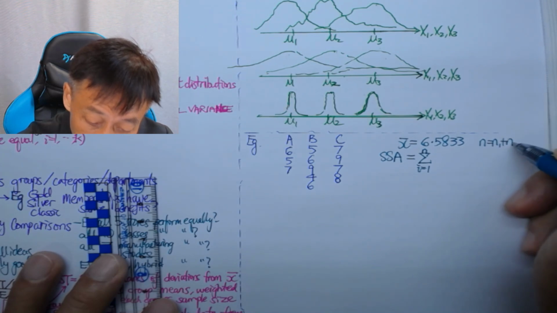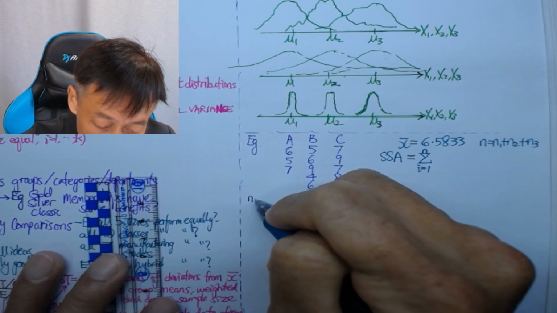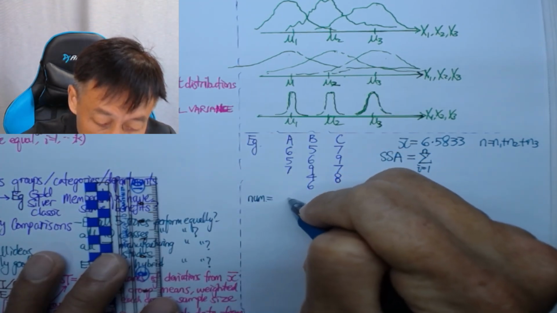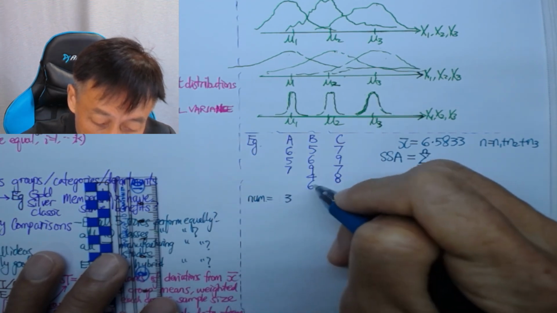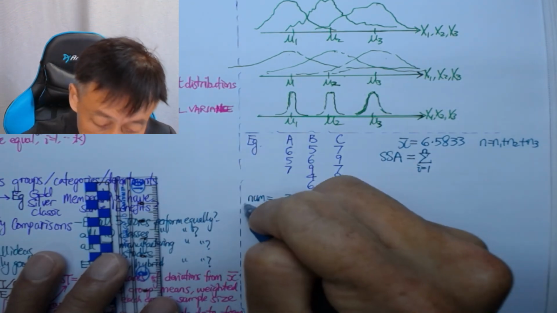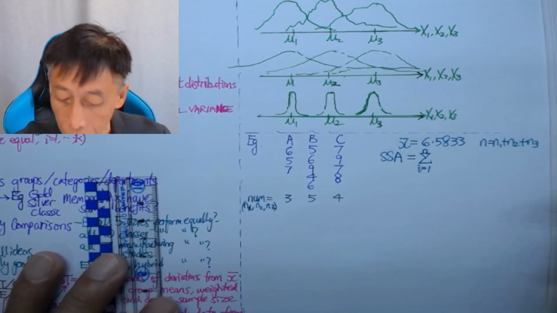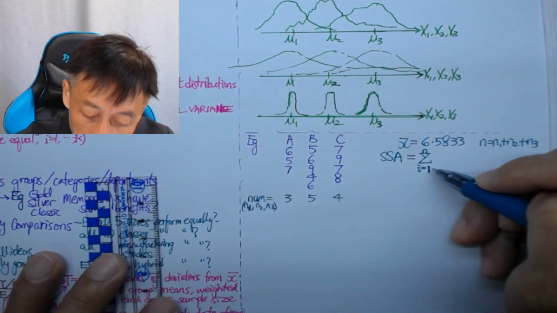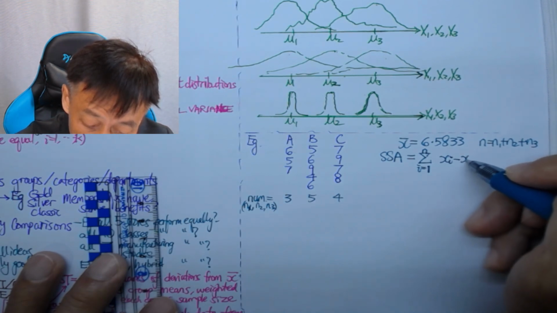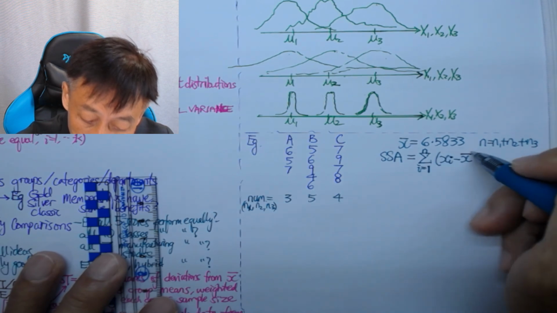n is n1 plus n2 plus n3, the sample sizes here. So this is n1, this is 5, this is 4, clearly. So the sum of all the data xi minus x bar, then squared.